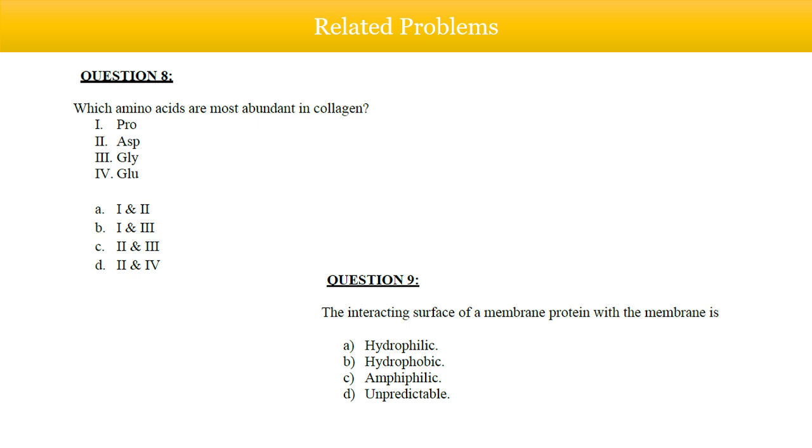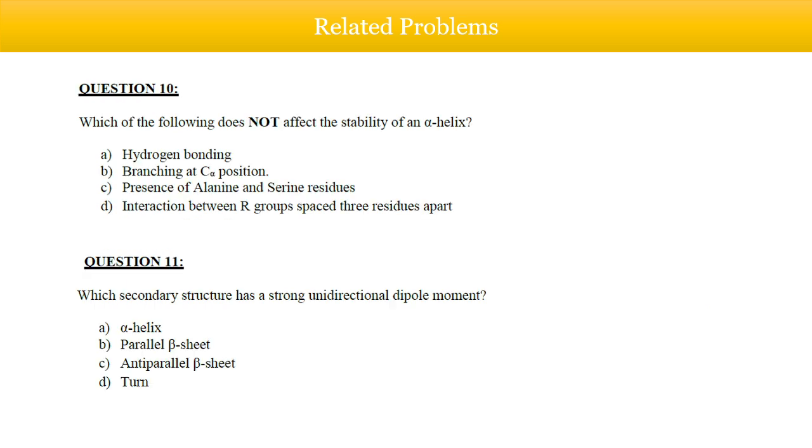So it's asking about the interacting surface. The interacting surface is a phospholipid bilayer, right? So it is hydrophobic in nature. Hence, to interact with the membrane, proteins have to be hydrophobic to undergo hydrophobic interaction. Correct.